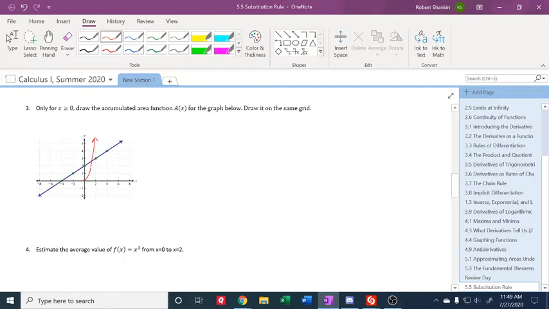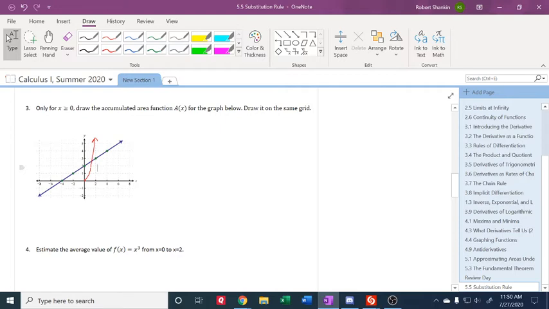Now I can go to the left of this, but we lose a little bit because of negative and negative areas and all that kind of stuff. So I'm just going to focus on the right part of this.